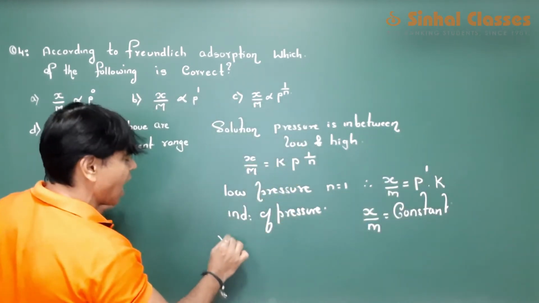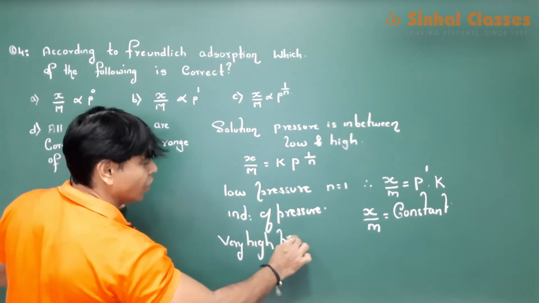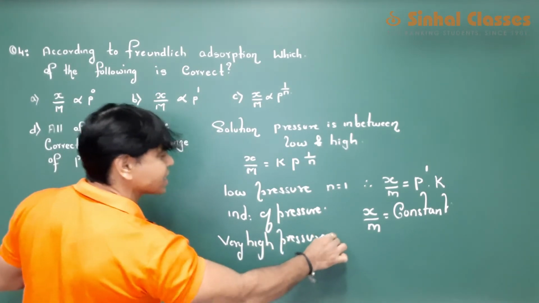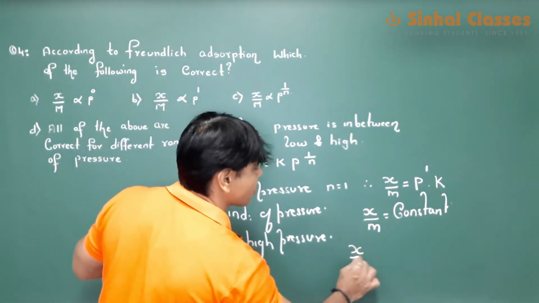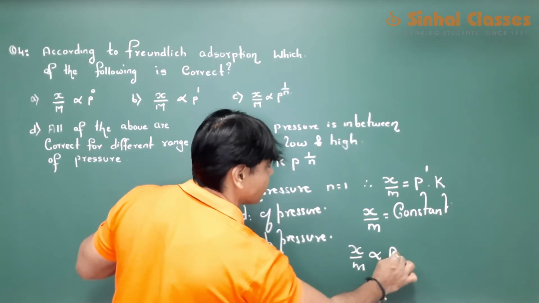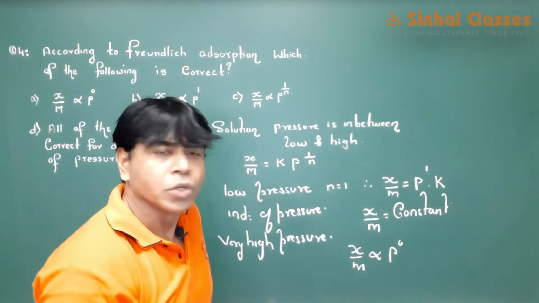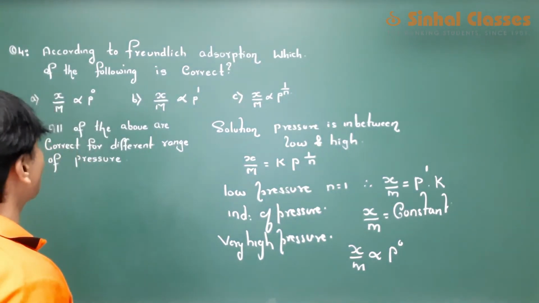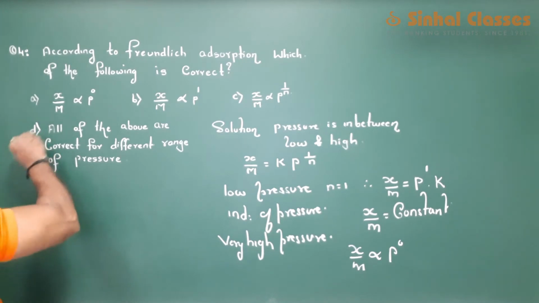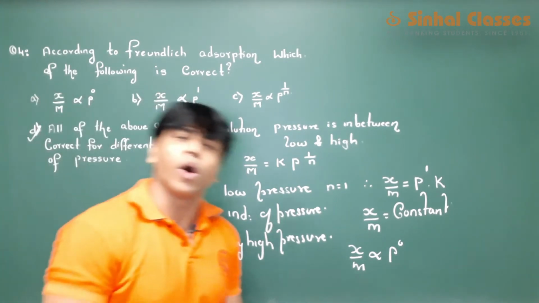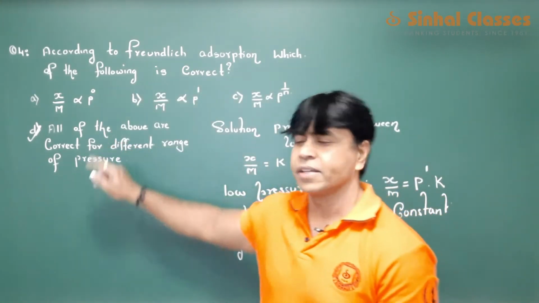But at a very high pressure, that is reaching the saturation, when it is saturated, x upon m will be directly proportional to p raised to 0. So in that case, out of all the options, the more appropriate is the D one. It involves all of them. So your answer for this question is D.